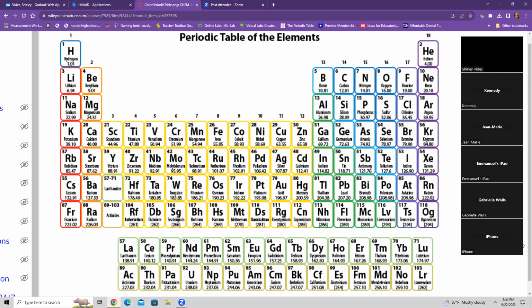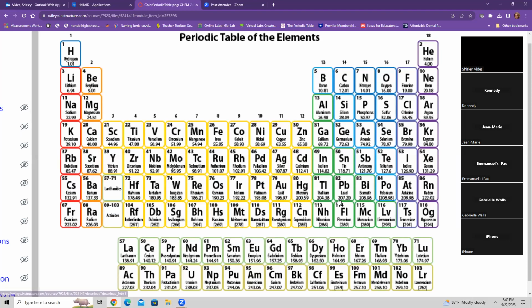Remember the names of the columns, I mean, not the periods, I keep saying periods, the groups of the periodic table. If I give you an element, you're going to tell me what group it belongs to. And don't say 2A or 1A, that's not the name. I need the name. All right, so strontium.